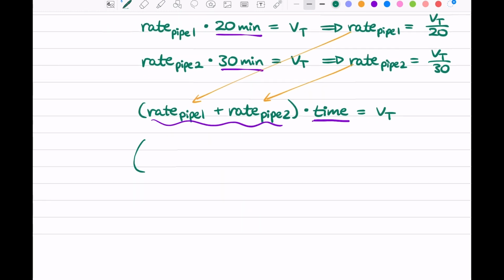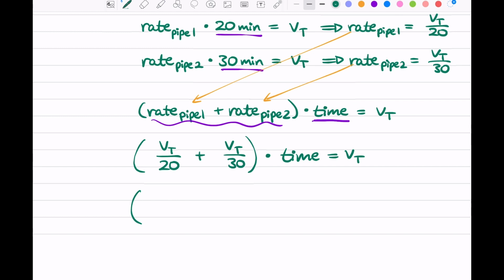So we know that the rate of pipe 1 is going to be our total volume over 20, and the rate of pipe 2 is our total volume over 30. And we can fill in the rest of the equation. Now we're going to write our part in parentheses a little bit differently.